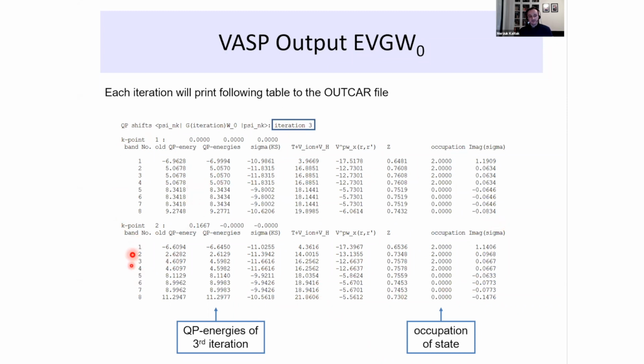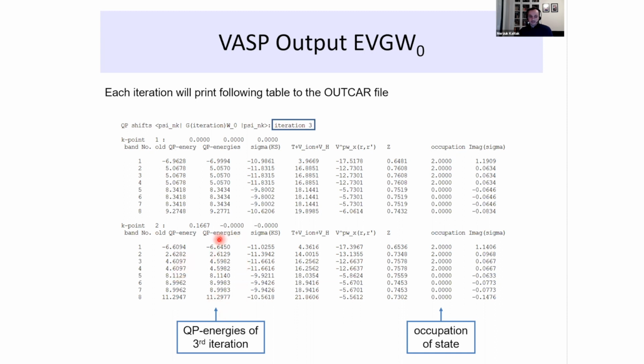So again, the first column is the band index. Then we have the quasi-particle energies from the previous iteration. So in the first one, these are the Kohn-Sham energies, but in the third iteration, they correspond to the one from the previous iteration.